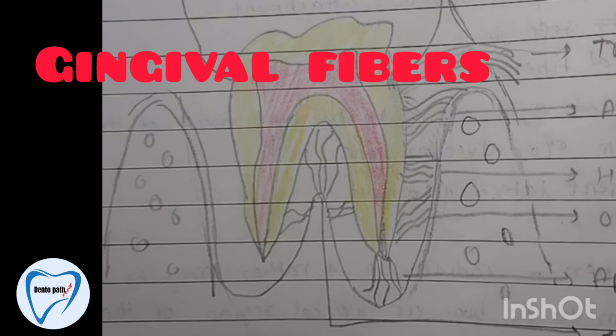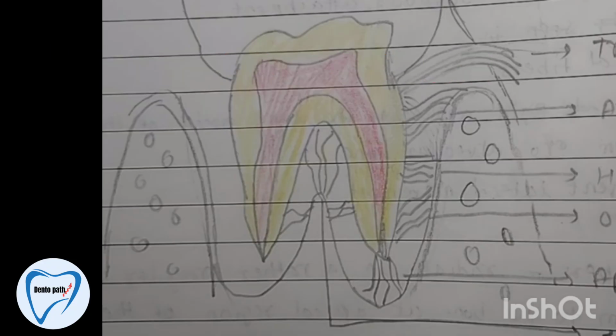Gingival fibers is a very important question for both our BDS and MDS students. So gingival fiber means the connective tissue of the marginal gingiva that is densely collagenous and contains a prominent system of collagen bundles. The fibers consist of type 1 collagen.